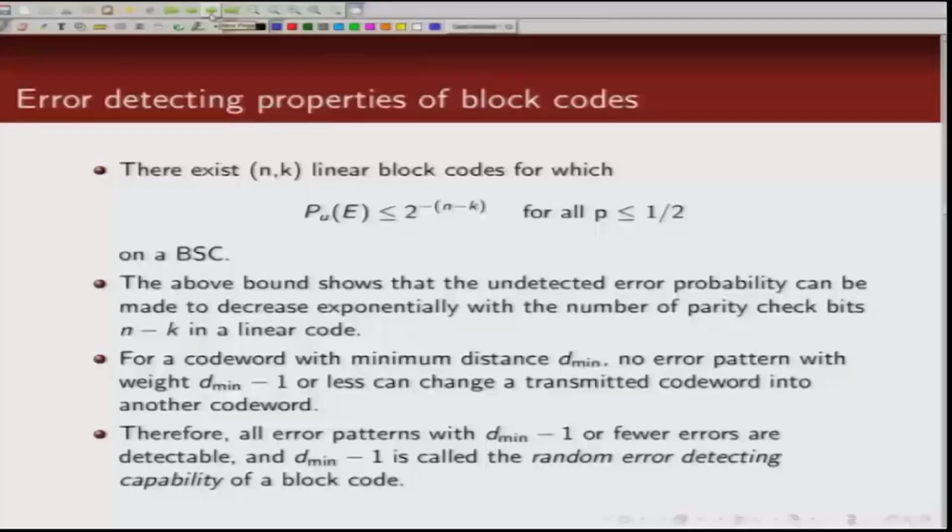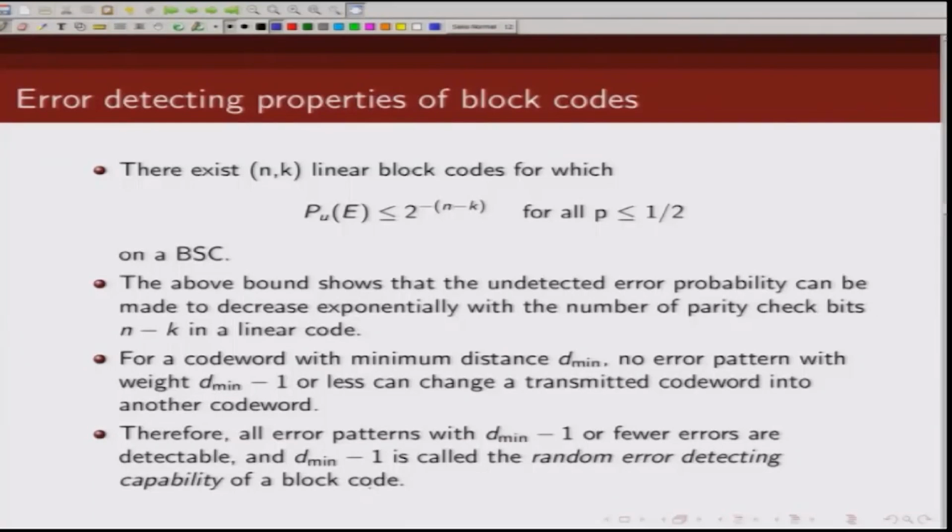What does that mean? It means that we can detect any error pattern of weight up to d min minus 1. So, all error patterns of d min minus 1 or fewer errors are detectable, and this is also known as the random error detecting capability of a linear block code.